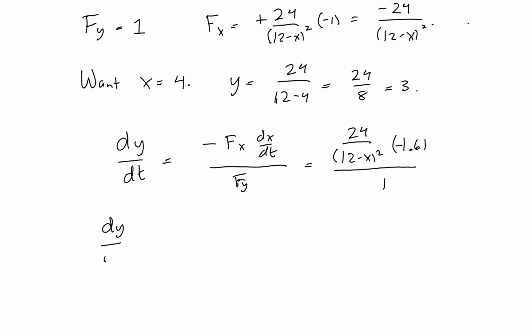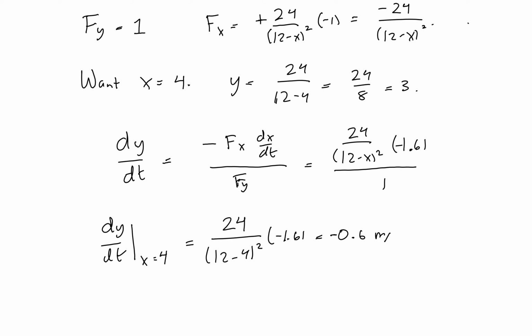So dy dt when x is equal to 4 is 24 over 12 minus 4 squared times negative 1.6. And so this comes out to be negative 0.6 meters per second.